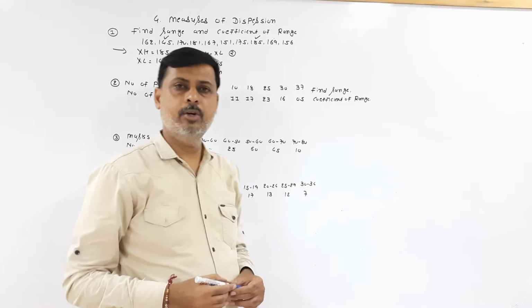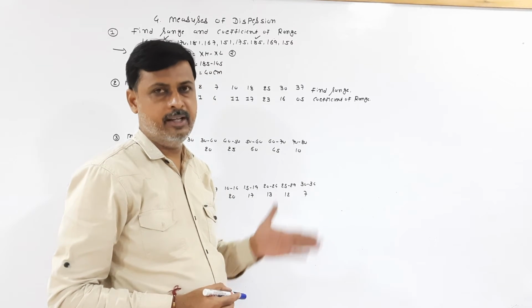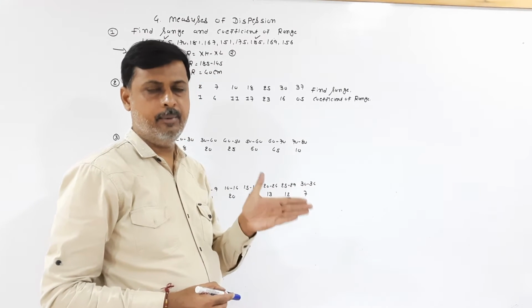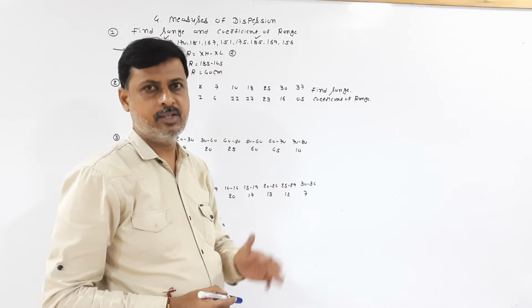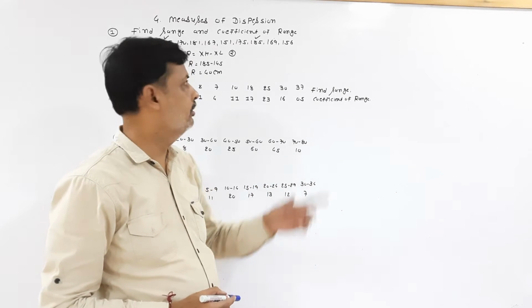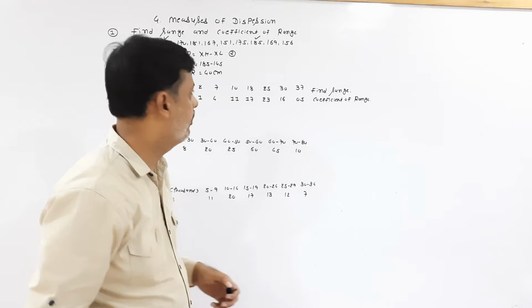Now the coefficient of range means the range is divided by the sum of XH and XL.